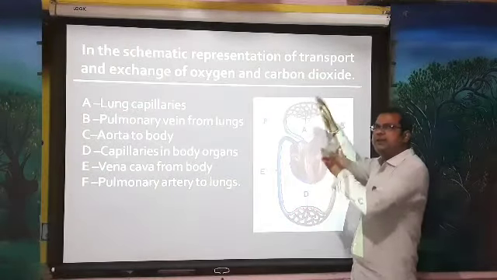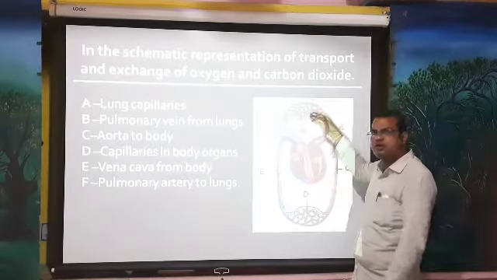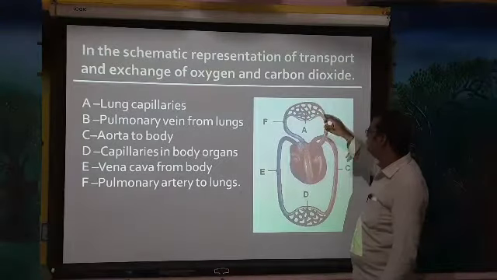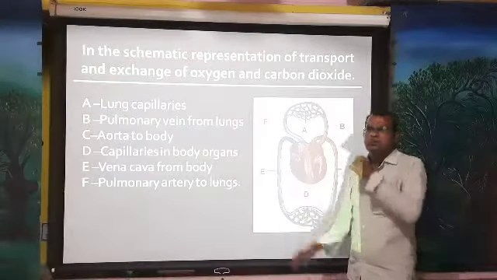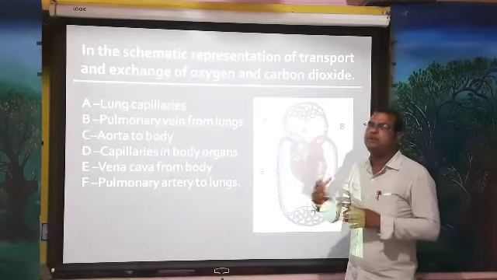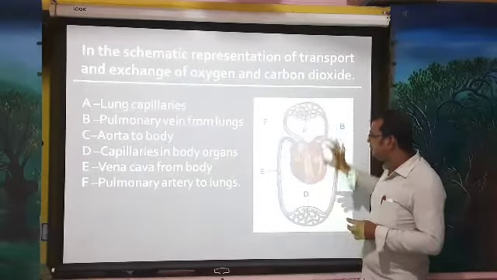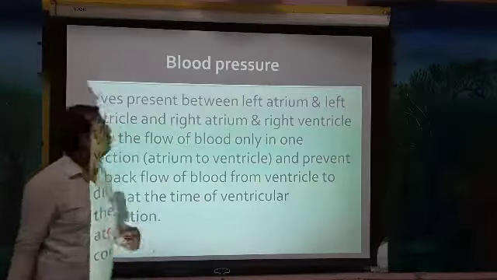The carbon dioxide rich blood enters here, the exchange of gases takes place, and again it gets oxygenated blood. Oxygenated blood again goes to B, and this is the way blood is transported in our body from the heart to the different parts of the body. This is called double circulation.